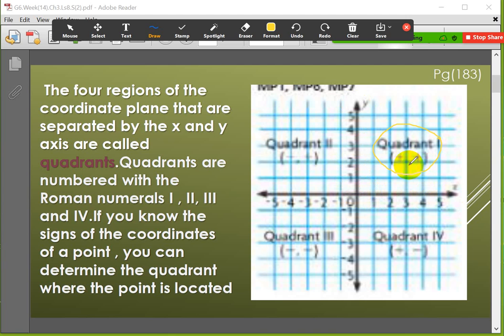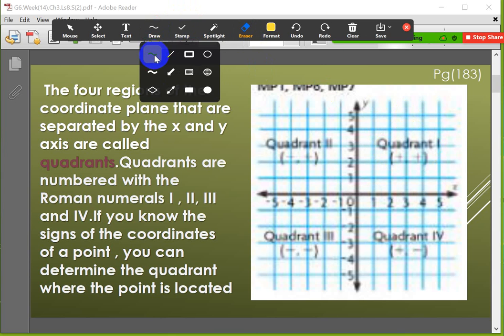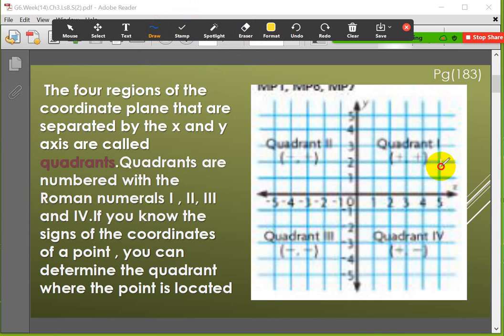So for all the points in this region, any point, this one or this one or this one, if you choose any point in quadrant 1, the x and y will always be positive.